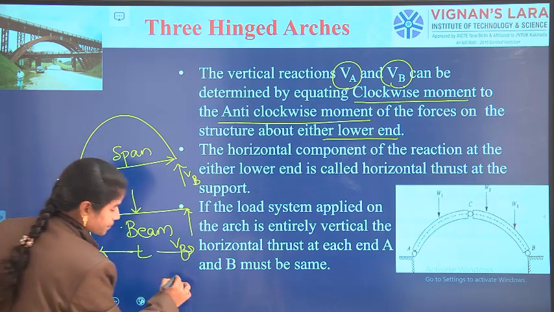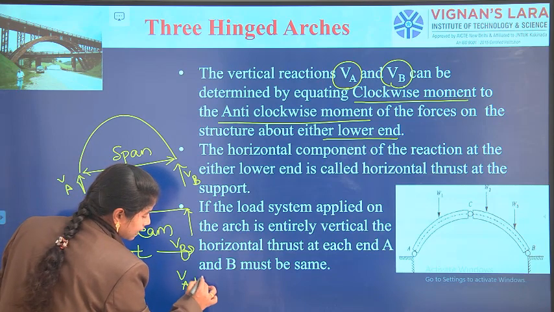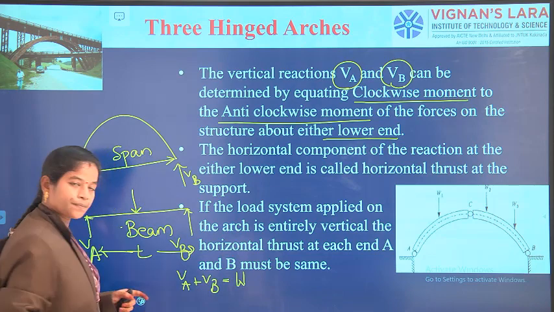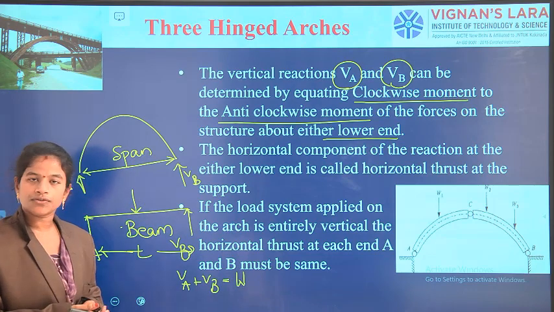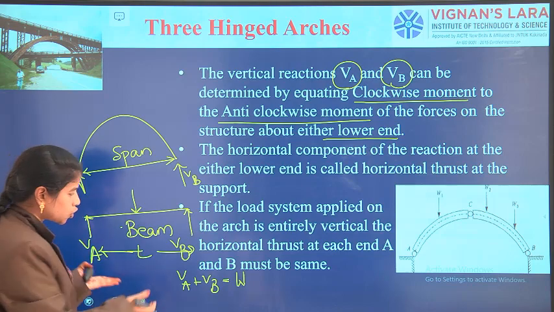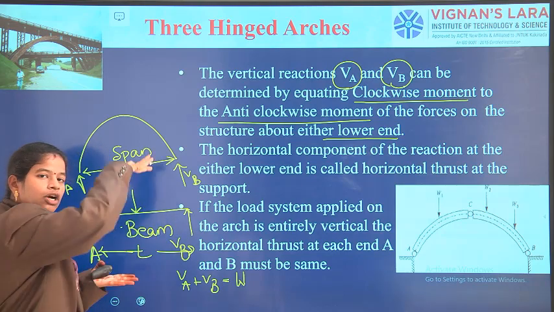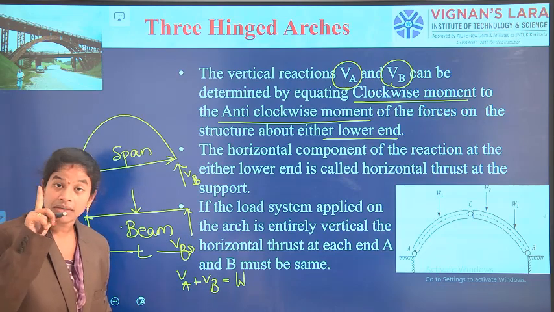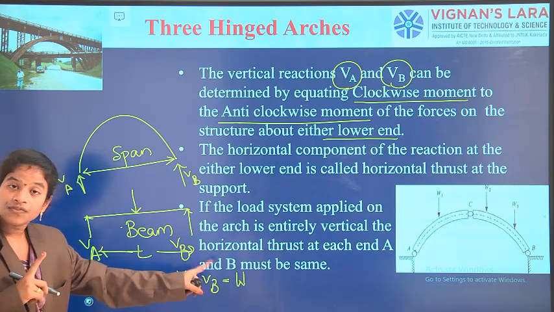First, we write VA plus VB is equal to the total downward applied load. The sum of all vertical forces is equal to 0, which is the same as total upward forces equal to total downward forces. This is one equation, but we have two unknowns, VA and VB.